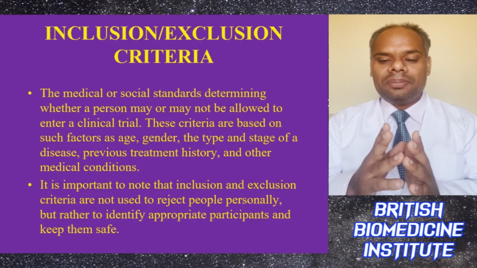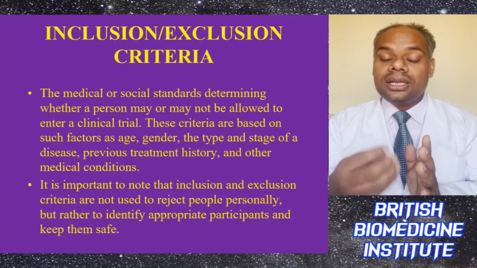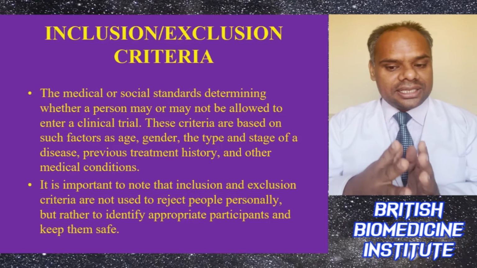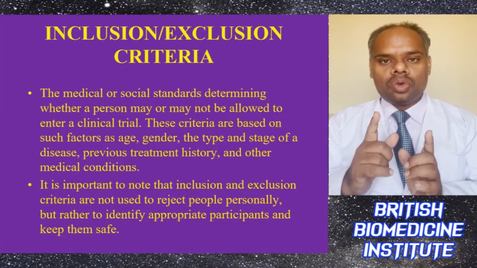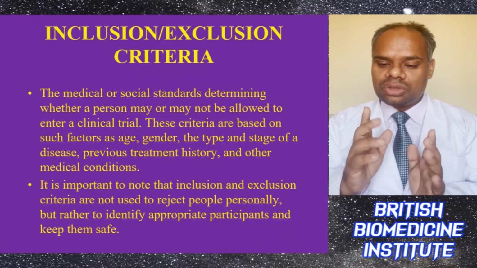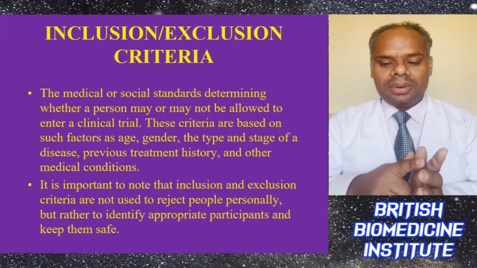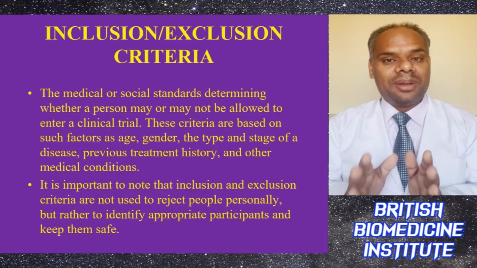These criteria are based on factors like age, gender, type and stage of a disease, previous treatment history and other medical conditions. It is important to note that the inclusion and exclusion criteria are not used to reject people personally, but rather to identify appropriate participants and keep them safe.